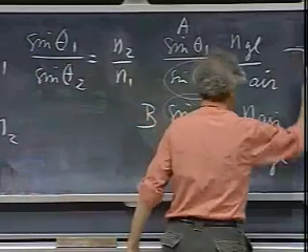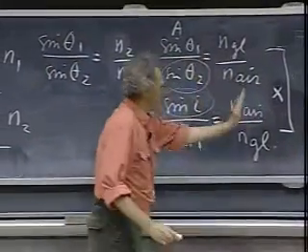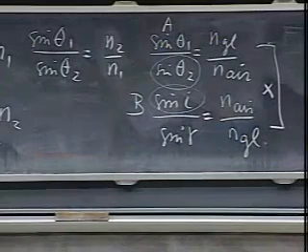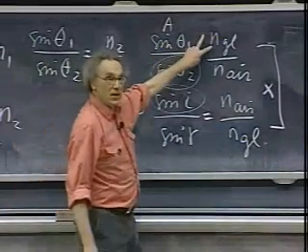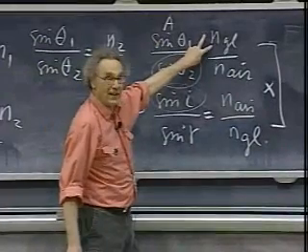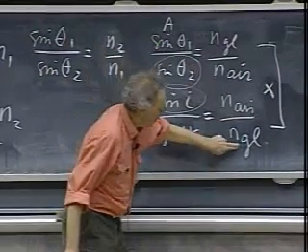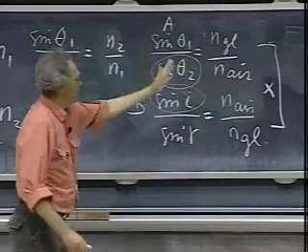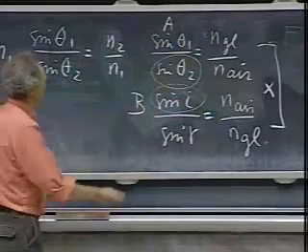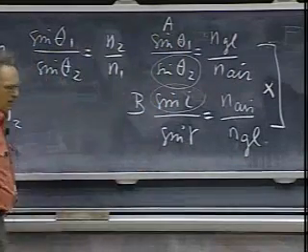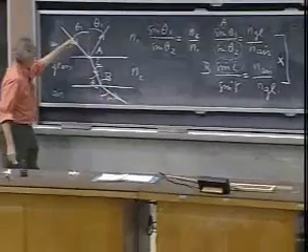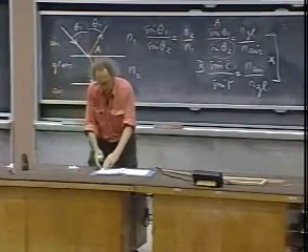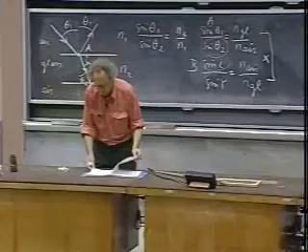And so when I multiply these two equations, on the right side I get exactly 1, independent of the color of the light. If blue light has a different index of refraction than red light, that doesn't matter because I have the same one here that I have there. And so you get exactly 1 on the right side, so you must get exactly 1 on the left side, and so the consequence is that theta 1 must be R. And so this angle here is the same as that angle, which is perhaps not so surprising, because these two planes are parallel to each other.